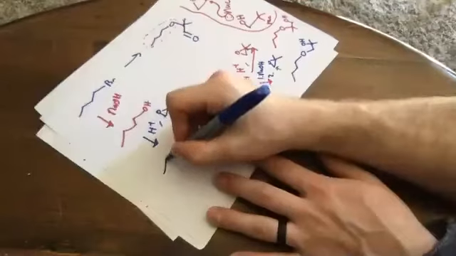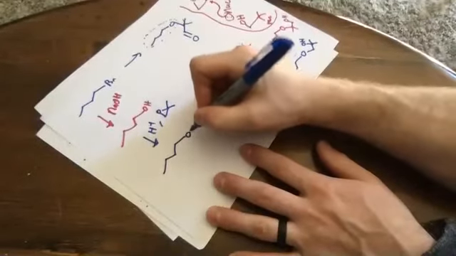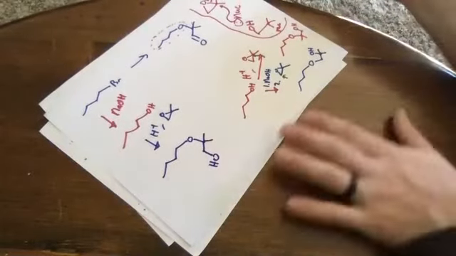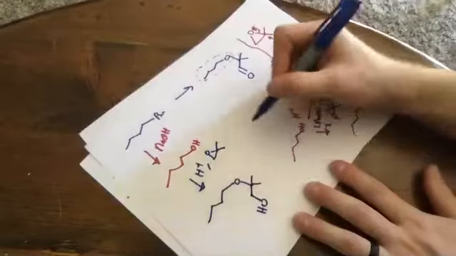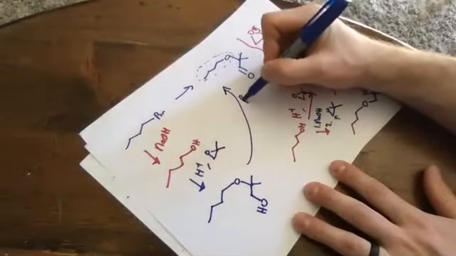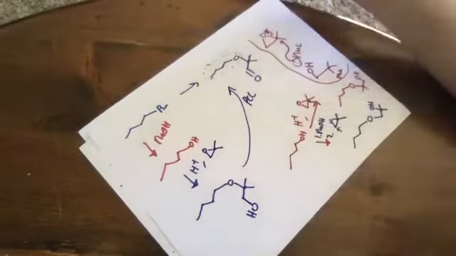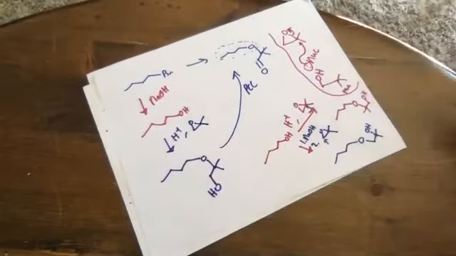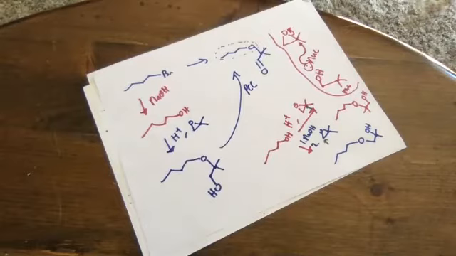We can get the majority of our molecule. And then from here to get to our final product, we just need to oxidize this. So doing a single oxidation with PCC can get us to our final product. So that's an example of a chapter 13 synthesis.